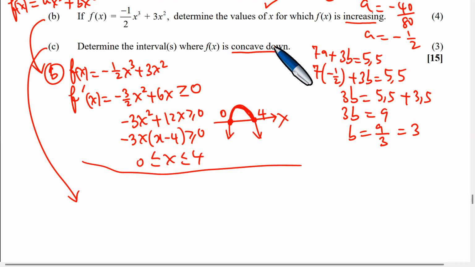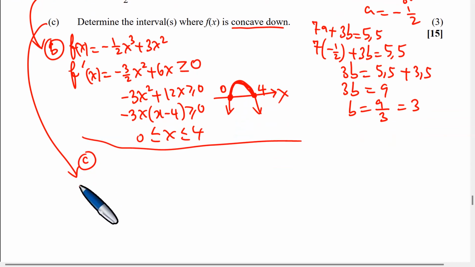Okay, so we need to continue solving this problem. Concave down, right? It means something. So f is concave down.